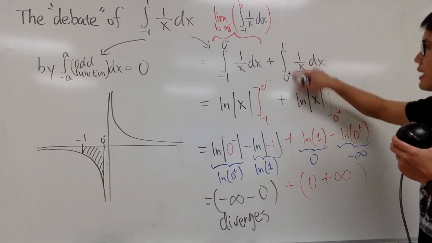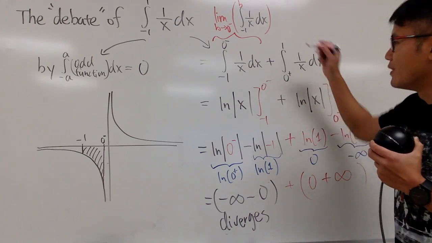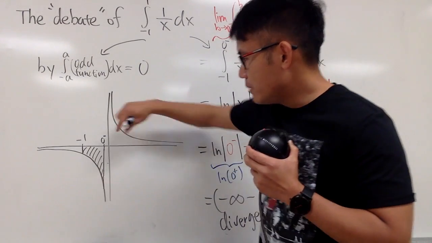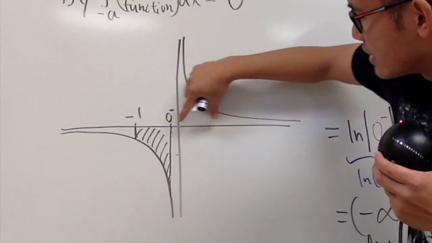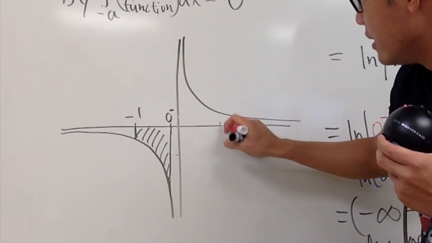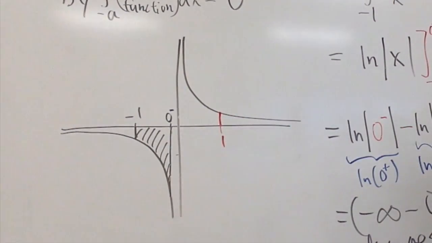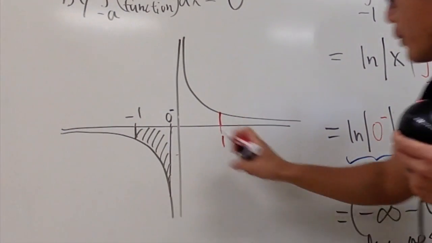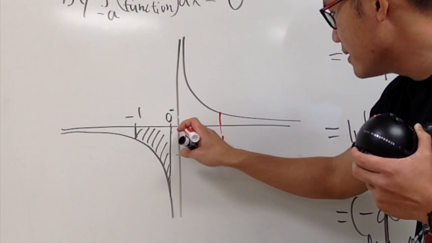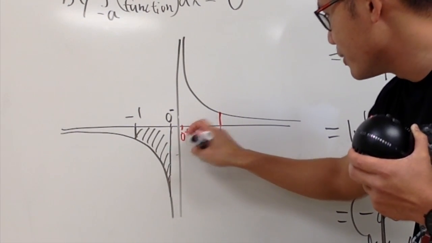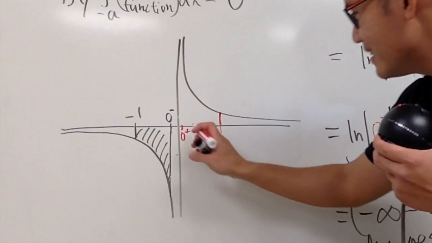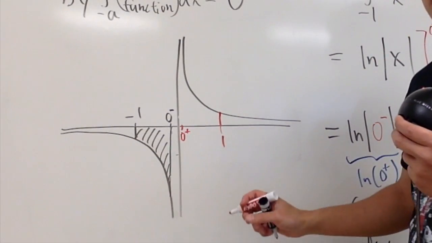And now let's look at the second part. It goes from 0 plus to 1, but I will write down the 1 first. And we have to keep in mind, I have to make sure we have the same distance. So I will say this right here is my 1. And we have to go back to 0 plus. I will just mark maybe right here this time. I'm doing this on purpose actually. Okay, this right here is my 0 plus.